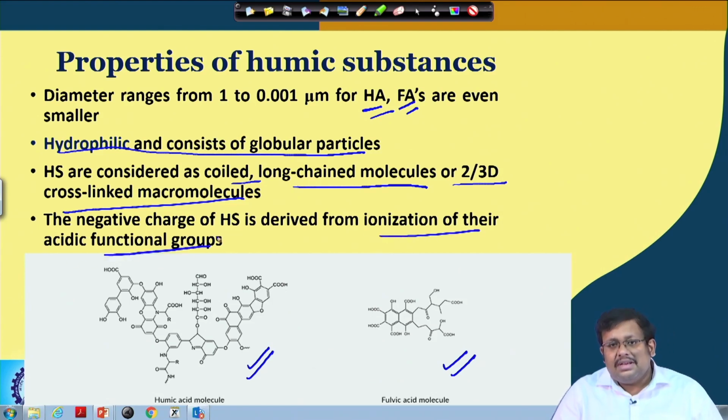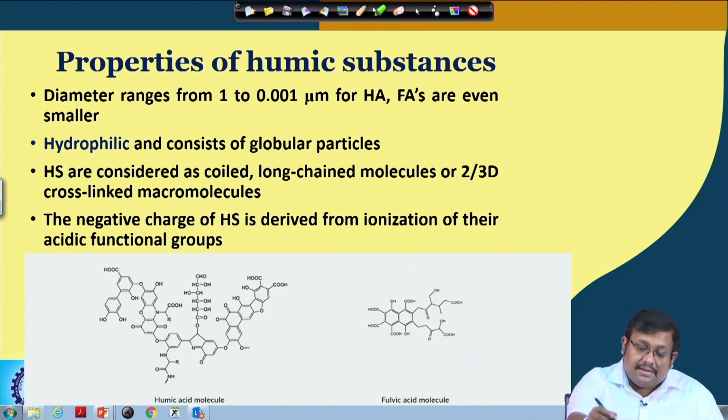We will see what are the major acidic functional groups which are present in the humic matter or humic substances. So, basically the idea of showing you this slide is to tell you the fact that the humic compounds have a very intricate and complex structure which is different than that of non-humic substances.